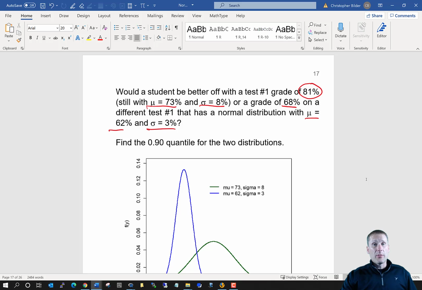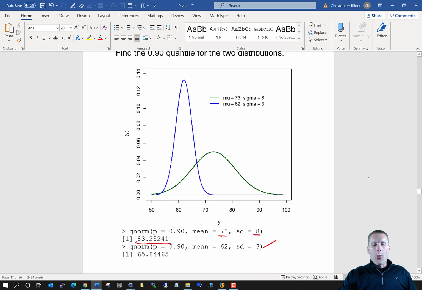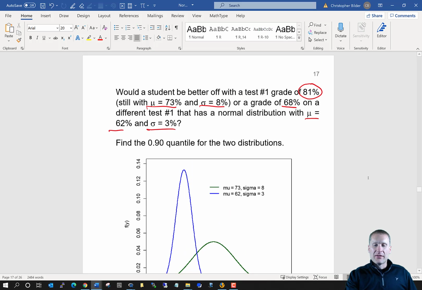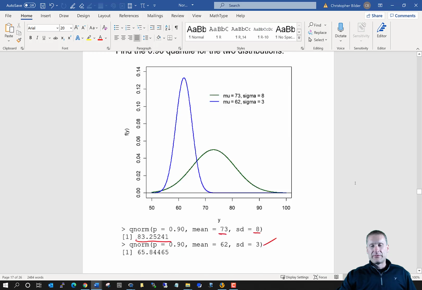Well, you end up with a B or something non-A, let's say. Or would you prefer a 68% on that second test? Well, we know an A is 65.84 or above, so you would prefer that second test to get that A.